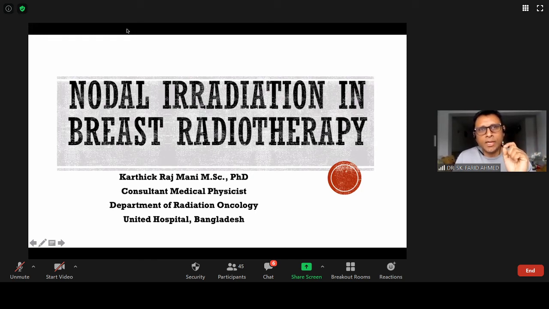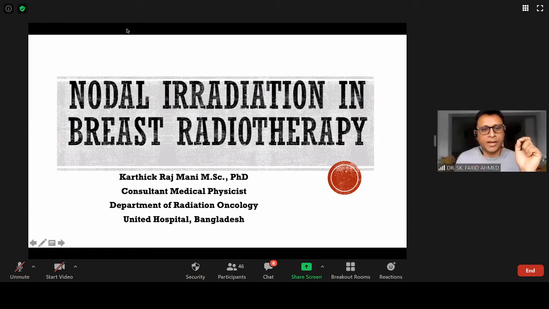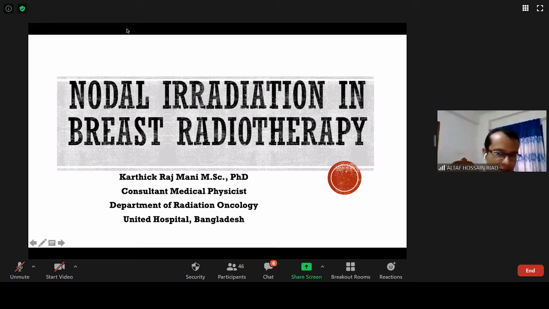So we have to be careful about using the term regional nodal irradiation, because that covers a lot of area, includes breast or chest wall, axilla, SCF, IMNL. If you just keep using the same term, it could confuse all of us. So instead of the term RNI, when you talk about an individual patient scenario, the specific area should be mentioned. Where are you going to offer radiotherapy? Is it the breast, is it axilla, or is it SCF, or all of it? That would probably be less confusing.